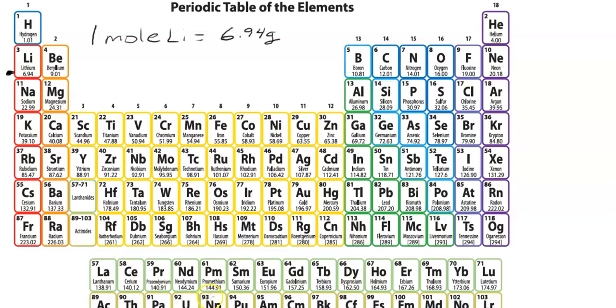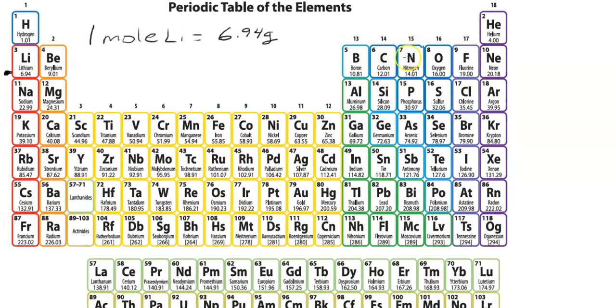Another example would be carbon over here, number 6, right? Carbon is number 6 on the periodic table. Not boron, carbon. 12.01 is the atomic mass, so that means if you had carbon, and you can get carbon. Carbon is like charcoal, right? Or the charcoal sketch sticks that artists use.